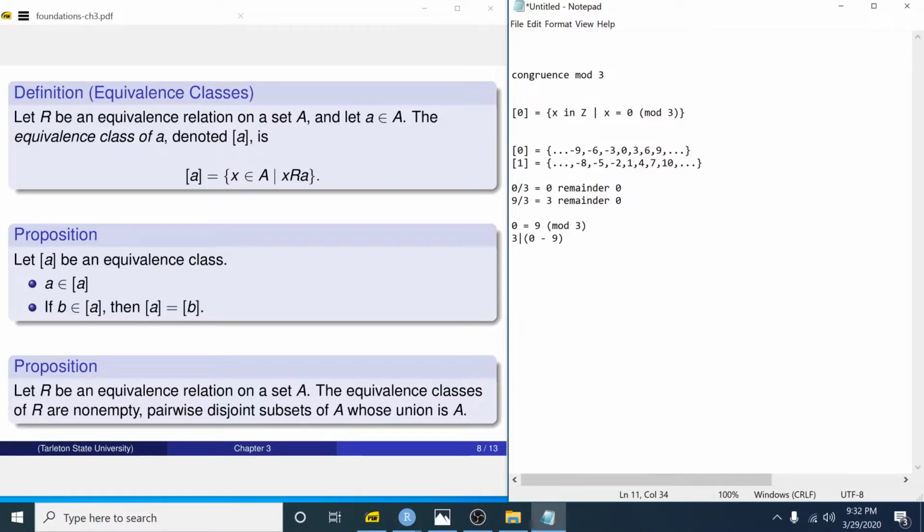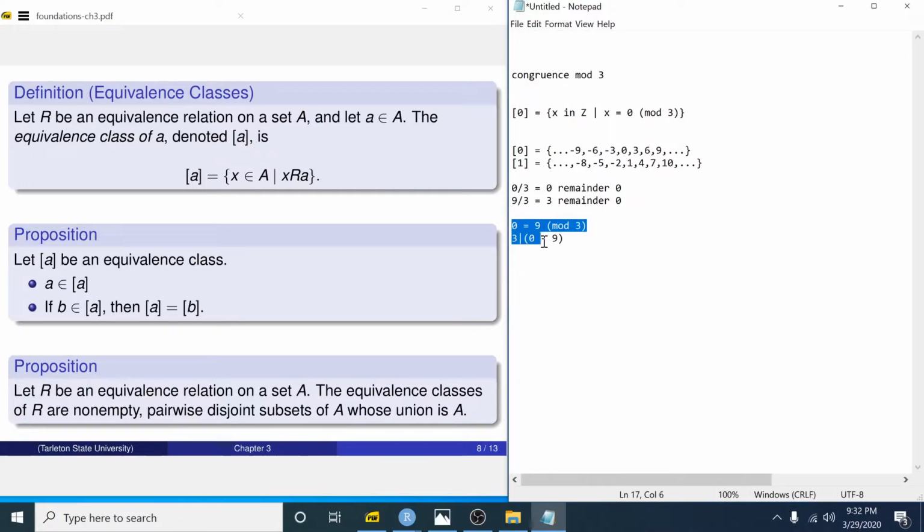Now we can see in this equivalence class, you'll kind of notice in the first example that each pair of numbers here is separated by a distance of 3. Like the jump from -9 to -6 is 3, -6 to -3 is 3. These just keep going up by 3 every time. The same thing is true here, right? This is an increase of 3, increase of 3, increase of 3, and so on. It just keeps increasing by 3.